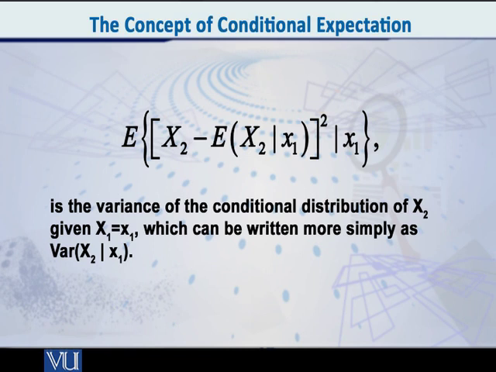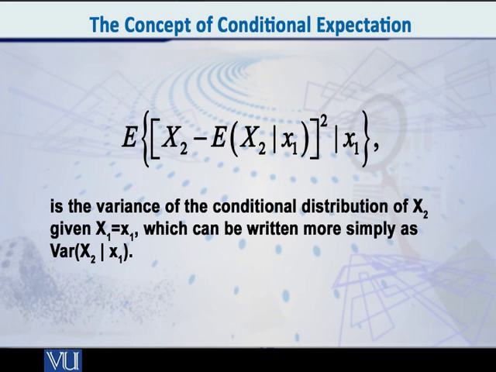अब अगर conditional variance कह रहे हैं तो हम कैसे लिख सकते हैं? As you can now see on the screen, it is the expected value of x2 minus e of x2 given small x1 and this whole thing raised to 2 given small x1. क्योंकि ये condition जो लगी हुई है वो हमने उसके अंदर necessarily incorporate करनी है.